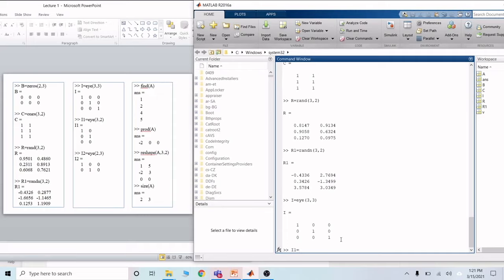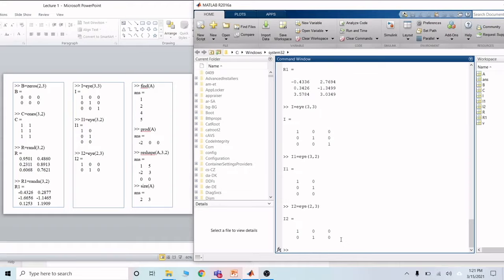If you type eye for a 3 cross 2 identity matrix, then along the diagonal there will be 1 and the others will be 0. If you type eye 2 cross 3, then along the diagonal there will be 1 and the others 0.